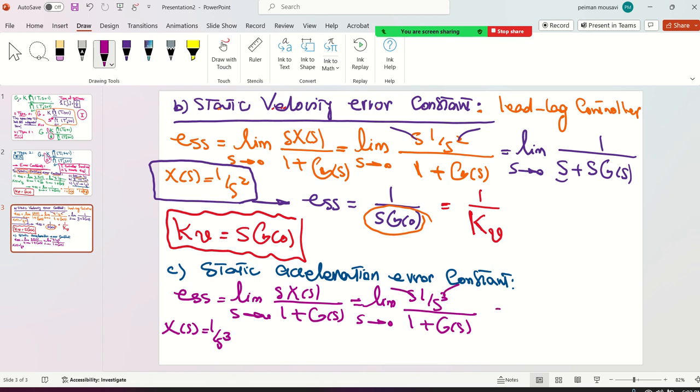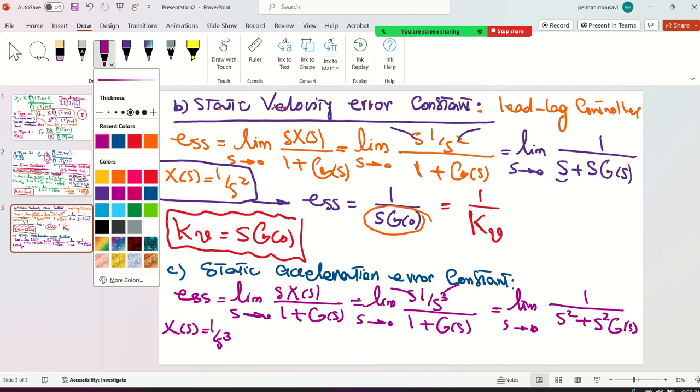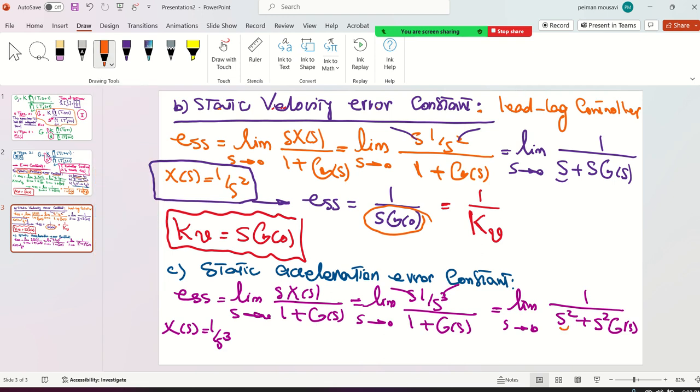One of these S cancels and you get S squared plus S squared G of S as S goes to 0. If you put 0 here, you get ESS is going to be 1 over S squared G at 0.